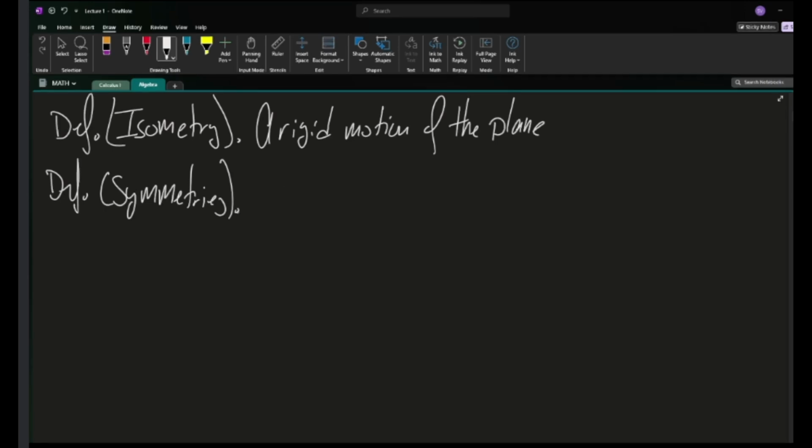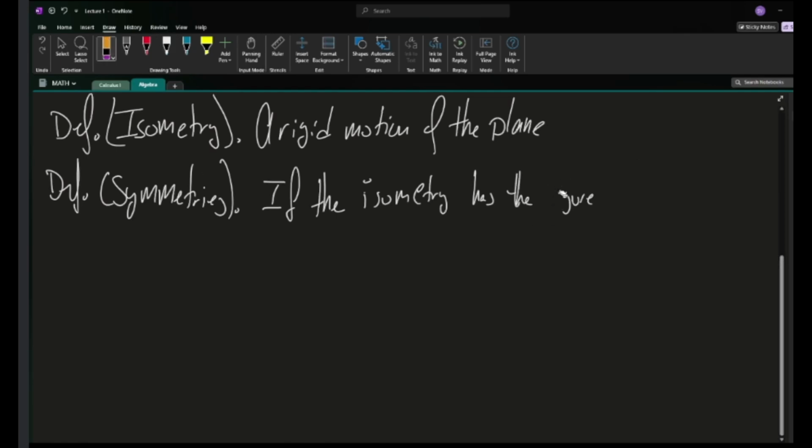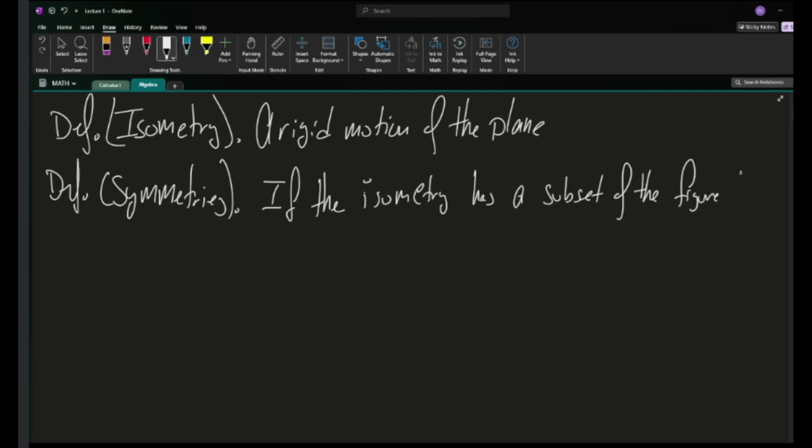So let me write this down officially. If an isometry maps a subset of the plane, or instead of saying a figure, we should probably say a subset of the plane, to itself, then this is a symmetry.